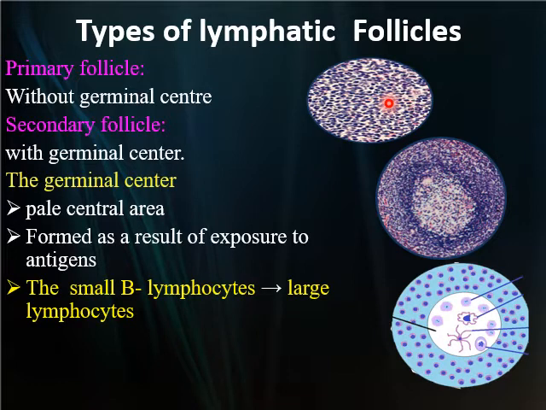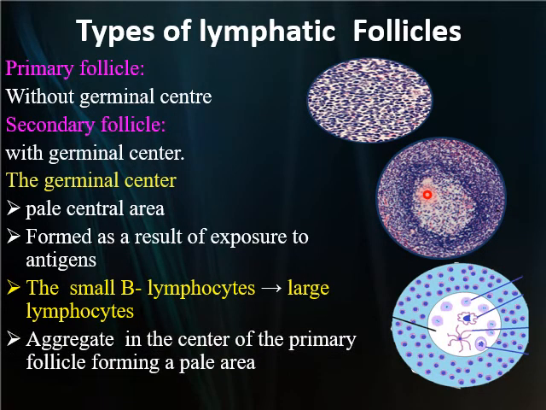This antigen will activate the small B lymphocyte into a large lymphocyte. This large lymphocyte will aggregate in the center of the primary follicle to change it into the secondary follicle with the germinal center.